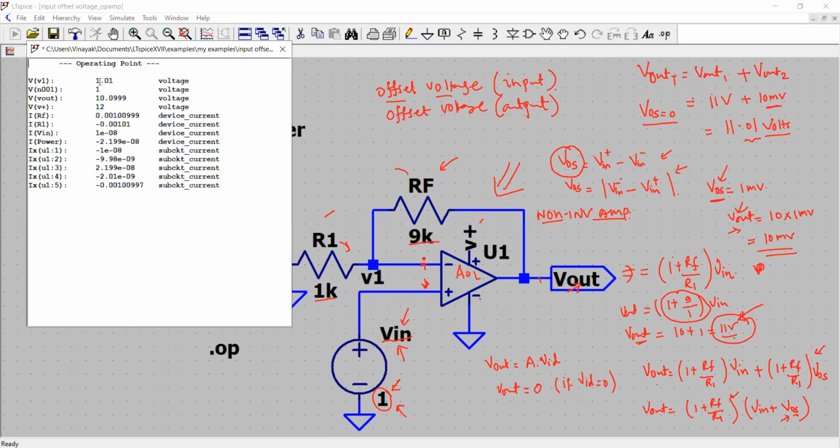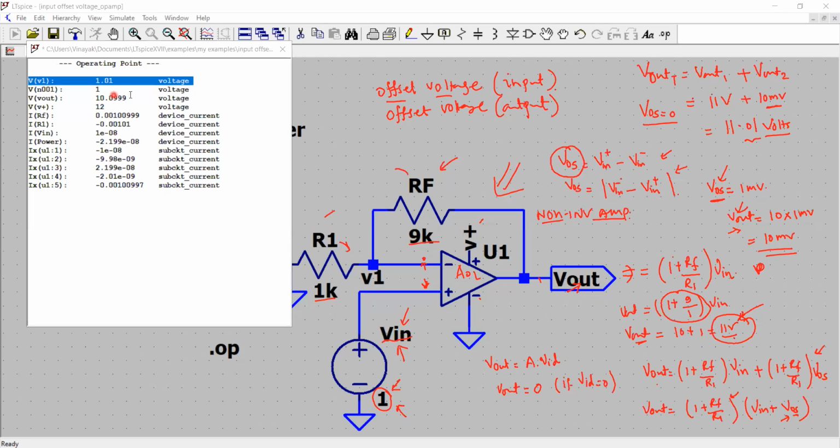Here I go. Now the voltage at the node V1, which is right here, changed from 0.9999 to 1.01 because that's the voltage that I added. And the output voltage changed from 9.9999 to 10.09.